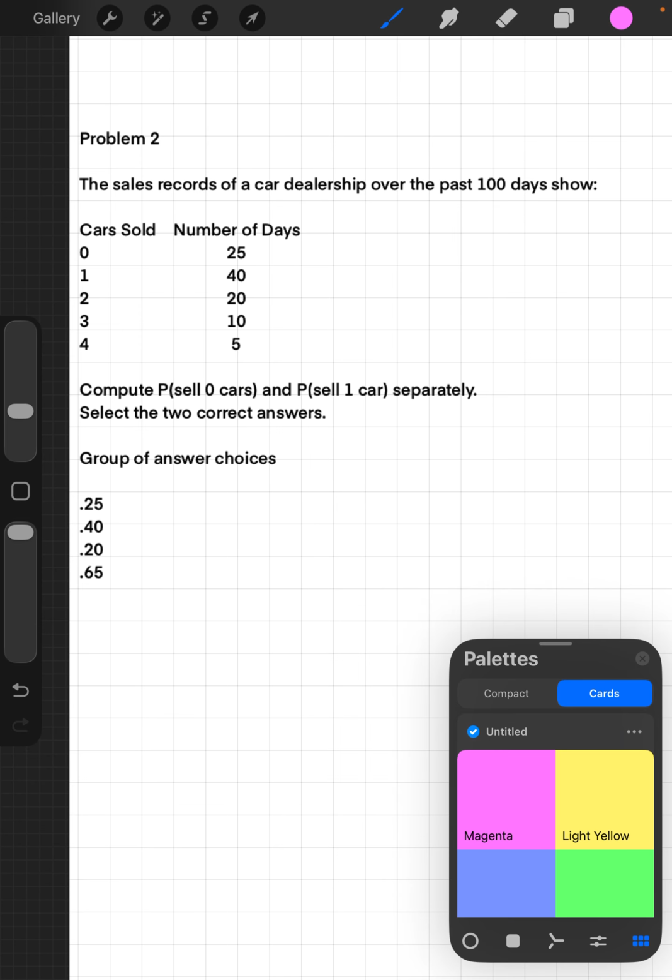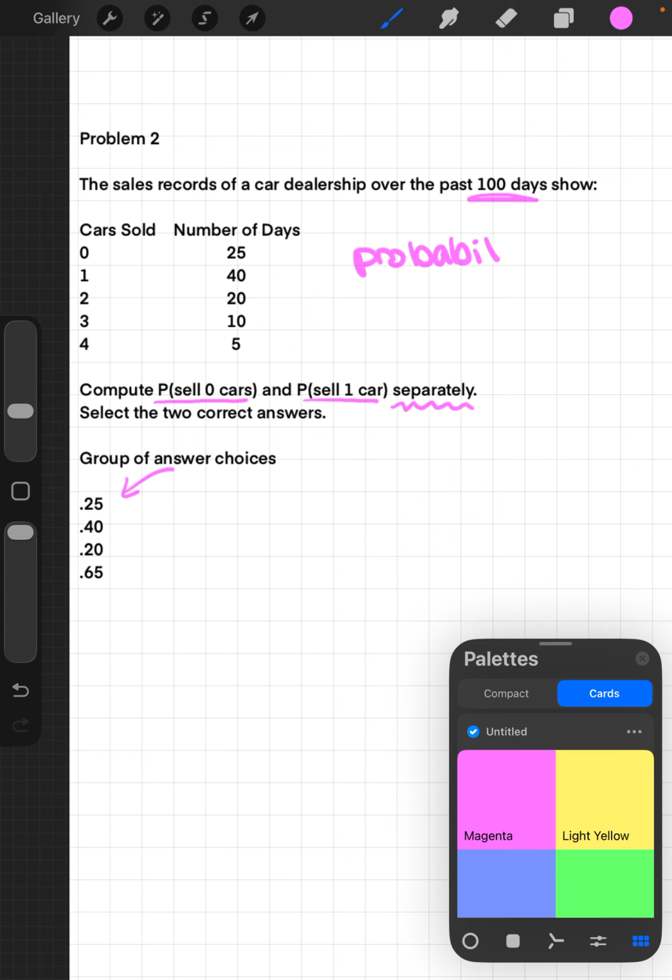And we just see, over the past 100 days, compute the probability of 0 cars and 1 car separately, and then we can just select which one we want. So I'll just write this out.